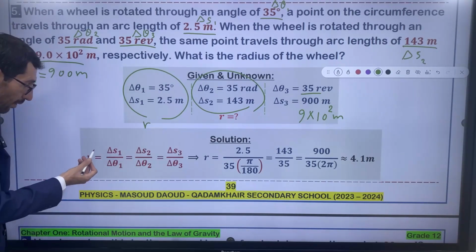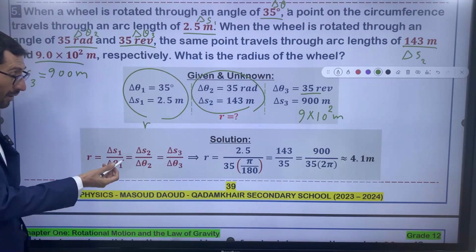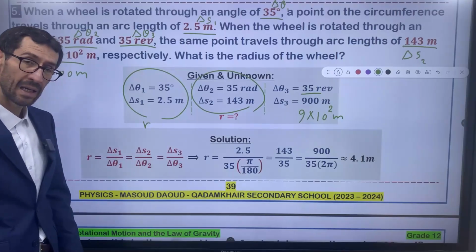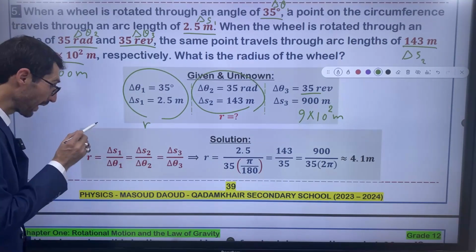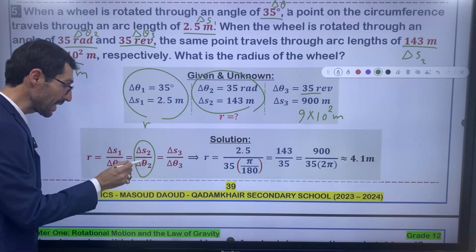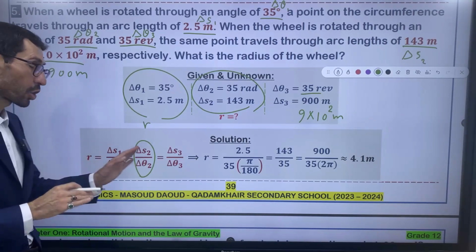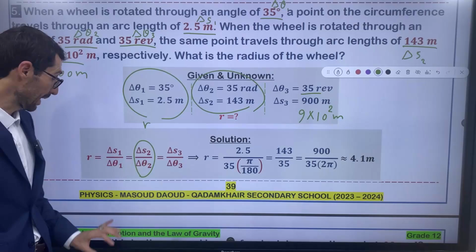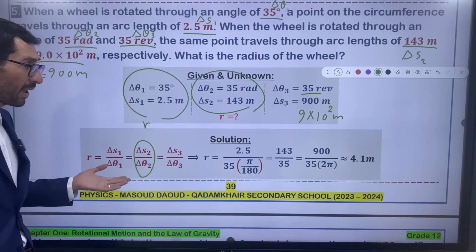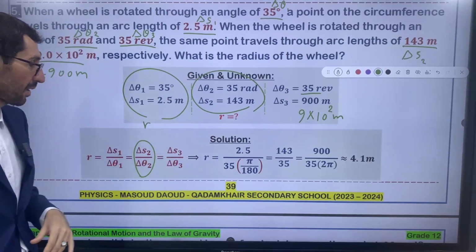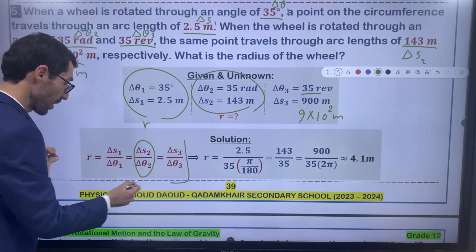You can say R is equal to delta S1 over delta theta 1, delta S2 over delta theta 2, delta S3 divided by delta theta 3. I told you, whenever you focus only on one case, you are right. You find the answer, and you don't need to try the other cases. But here, I'll solve the three parts, in one equation.